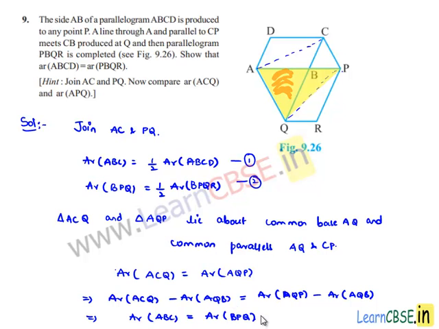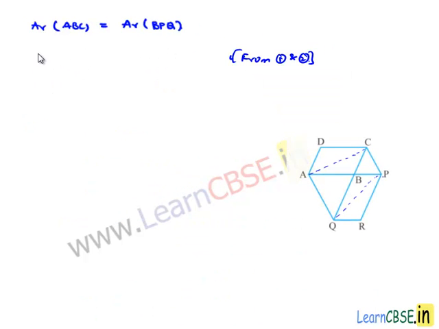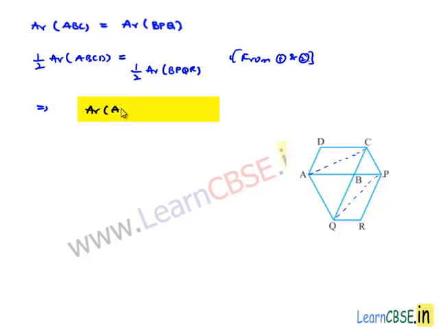But from 1 and 2 we have area of triangle ABC is half times area of parallelogram ABCD, and area of BPQ is half times area of parallelogram BPQR. That implies area of parallelogram ABCD is equal to area of parallelogram BPQR. This is the required proof for us, and it is hence proved.